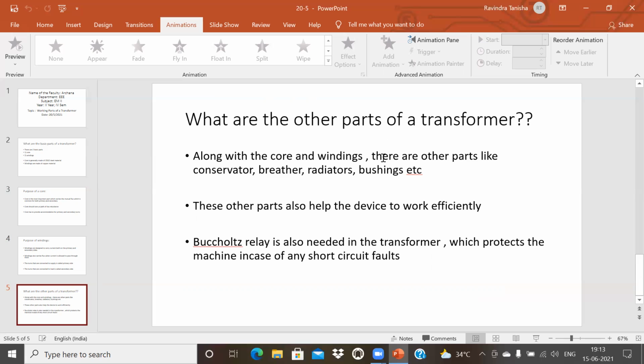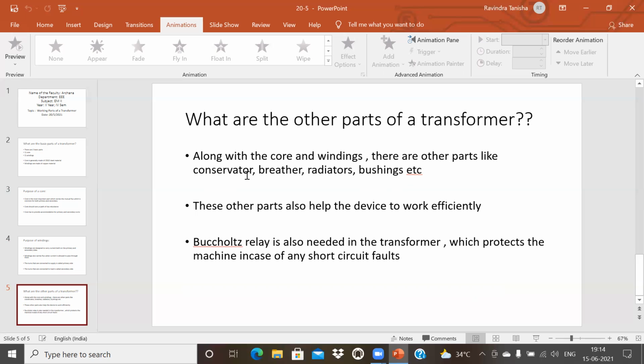Along with the core and windings, you need bushings, which are the insulations projected outwards. You need the circulation of transformer oil, so you need a transformer tank and you pour the transformer oil inside it. And there should be a conservator.